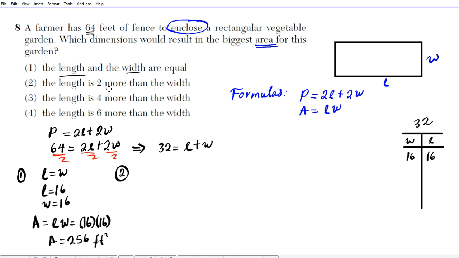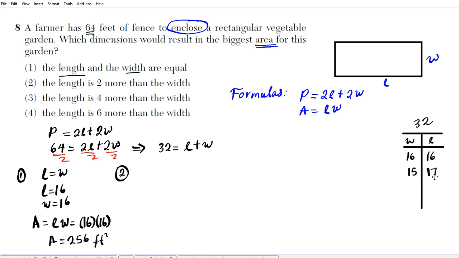Okay, option 2, it says the length is 2 more than the width. So what combination of two numbers add up to give you 32 where one is 2 more than the other? So if we start from 16 and 16, the base, if I take 1 out of the width, which gives me 15, this is automatically 1 more. So if I take the 1 that I subtracted from this and add it onto that, it makes it 2 more.